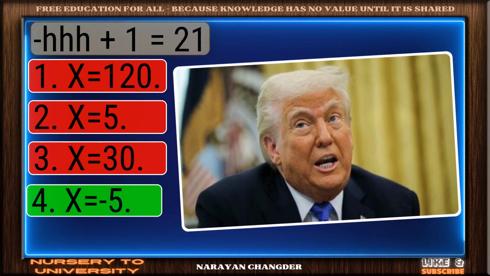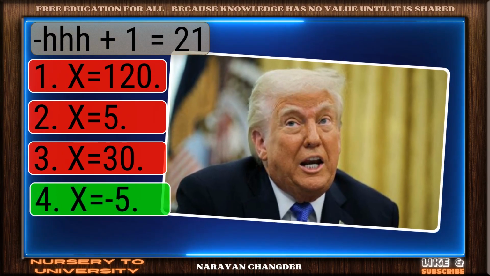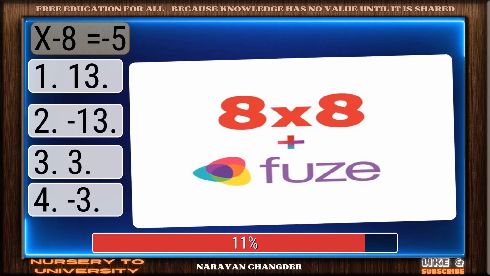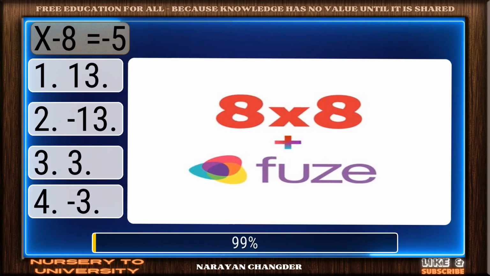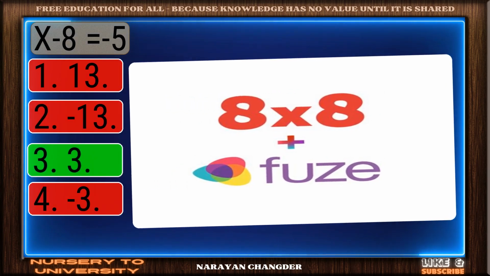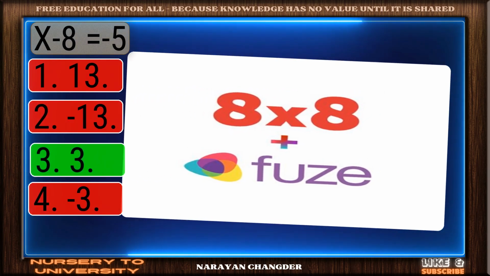Smart pick. x equal to 5 is the correct choice. x times 8 equal to 5. Correct response. 3 is the most accurate answer.